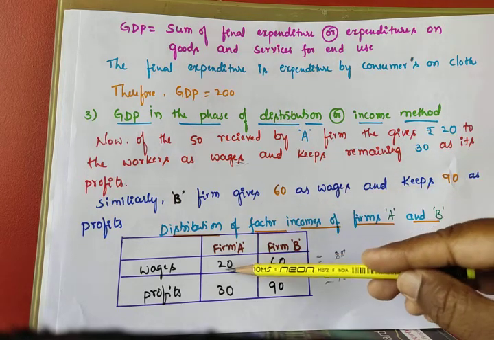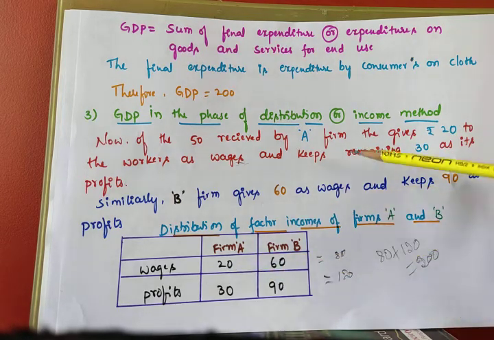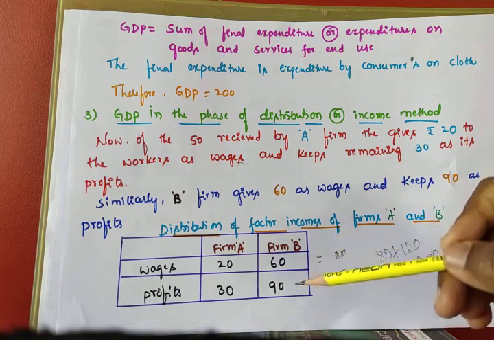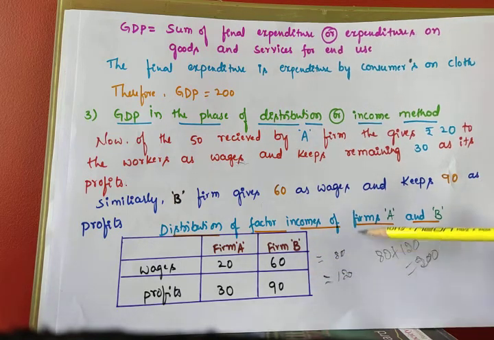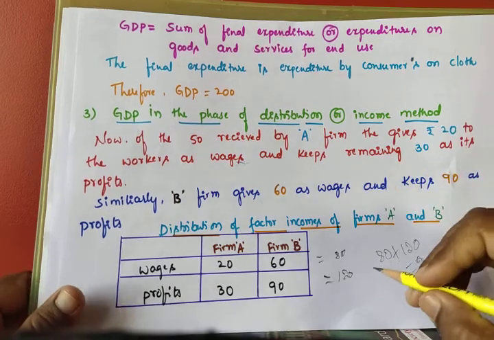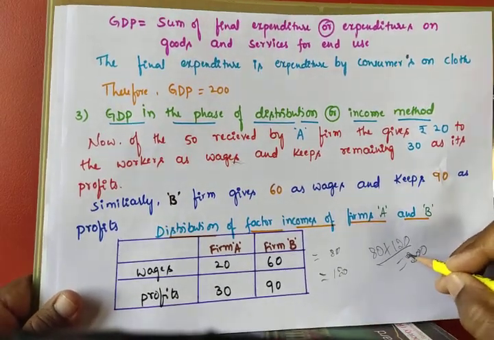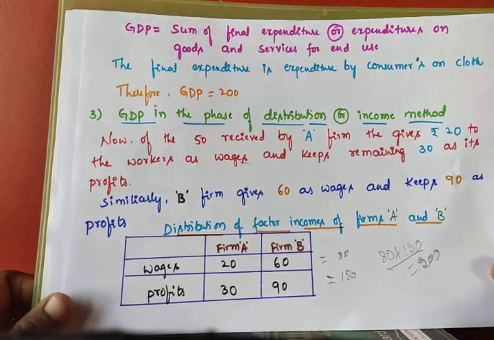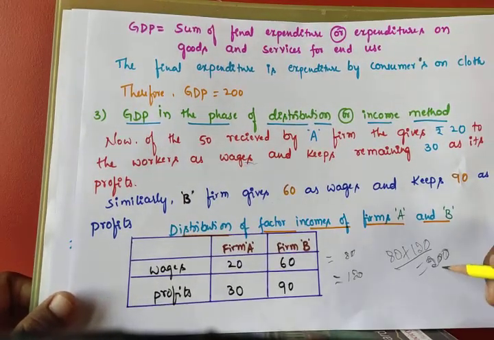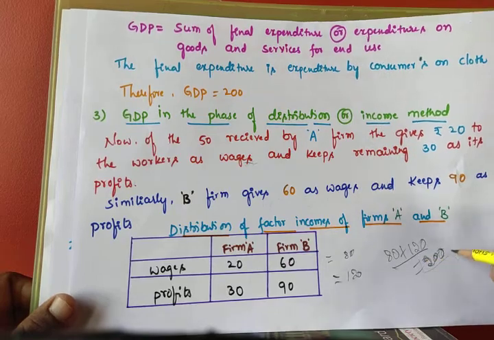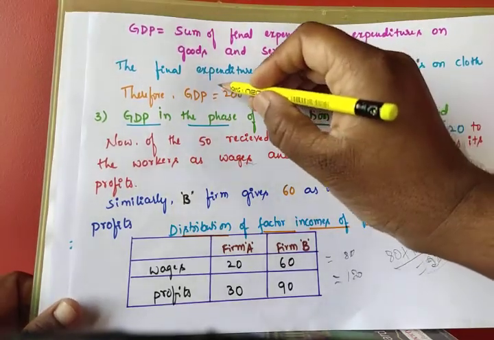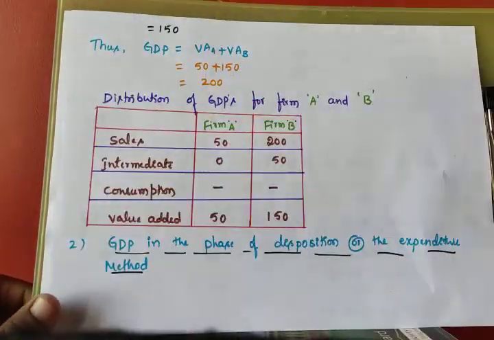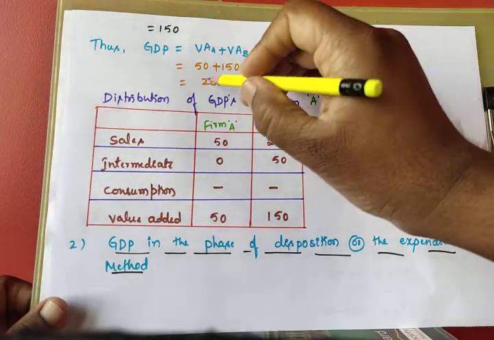So totally, 20 plus 60 wages, that is 80, and profit 30 plus 90, how much? 120. So totally 80 plus 120, that is 200. Under the income method we got 200, under the expenditure method also we got 200, and under the product method also we got 200.